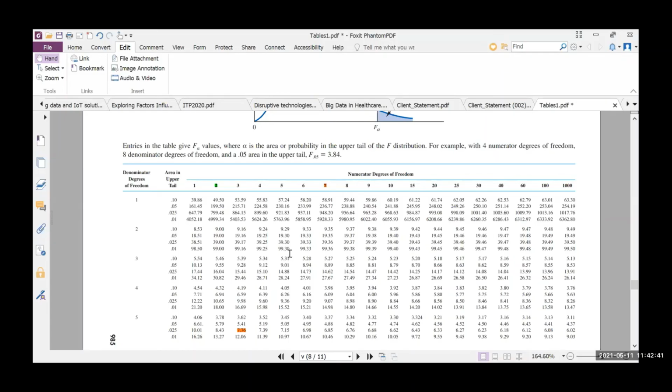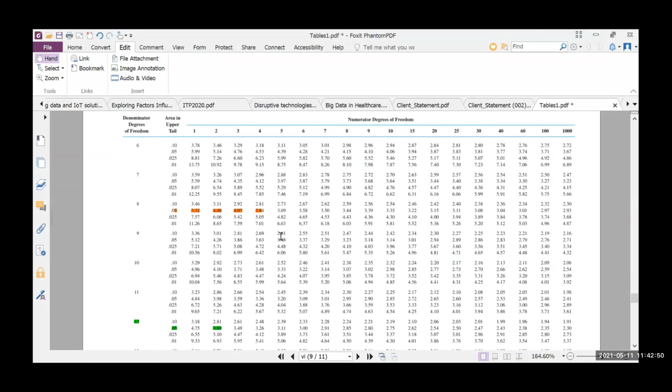Our question is degrees of freedom between is 2, degrees of freedom within is 12, alpha is 0.05. So our F critical is going to be 3.89. Moving to the point of intersection is 3.89. Do you follow?